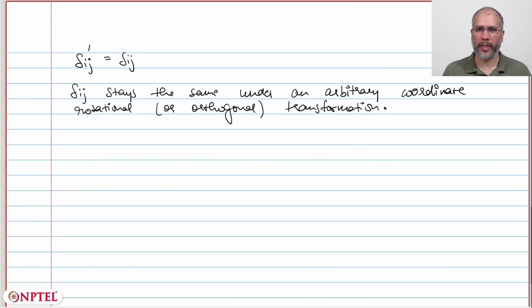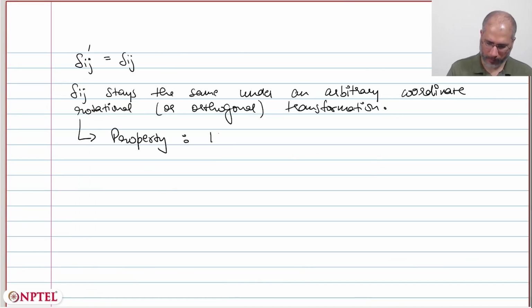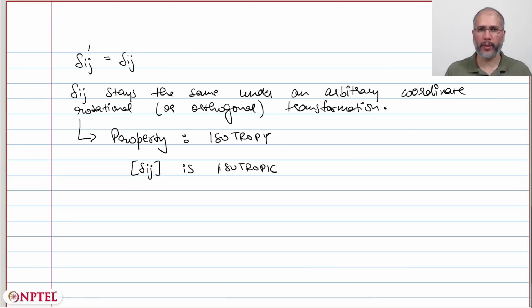This property has a name, and I'm sure you have guessed that by now. This is called isotropy. And we say that Kronecker delta, delta ij, is isotropic, or an isotropic quantity.